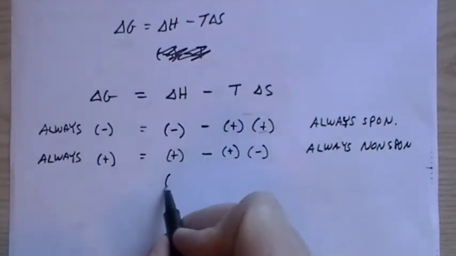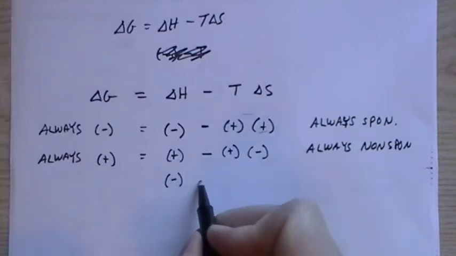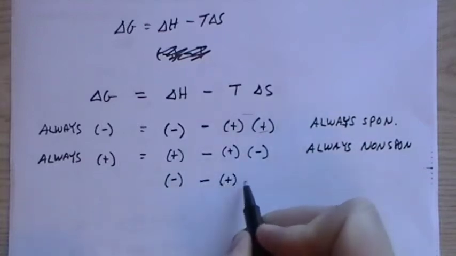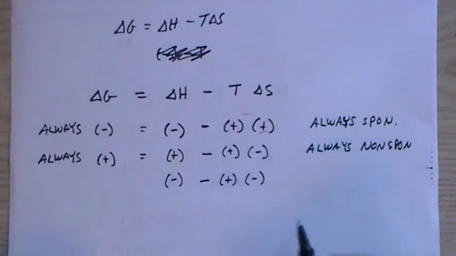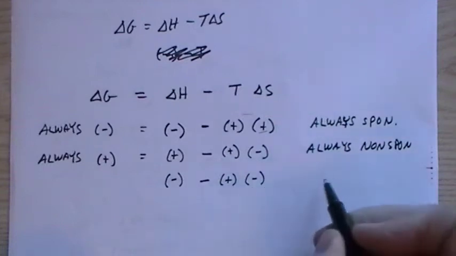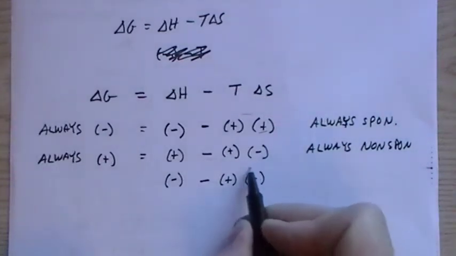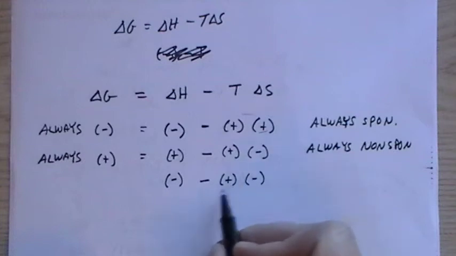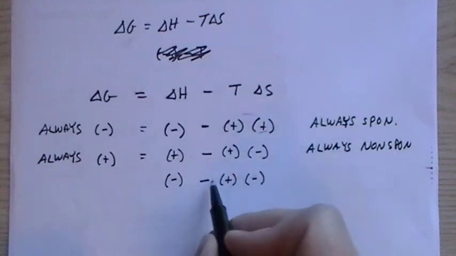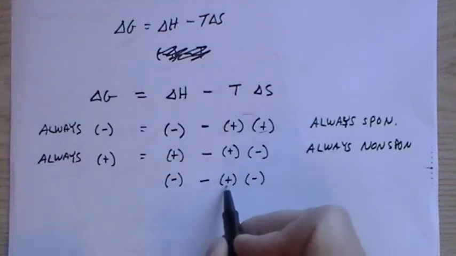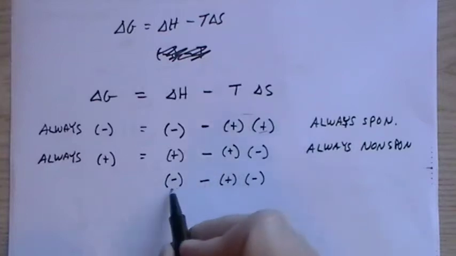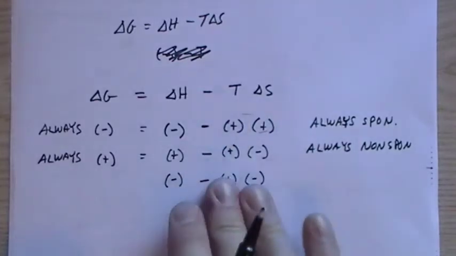Now what if delta H is negative, so it's exothermic, and the delta S is also negative? So you can see that this term is going to be negative, and the whole thing is going to be positive. But if T is small enough, then it's going to be a small value. Let's say it's 0, then this term would be gone.